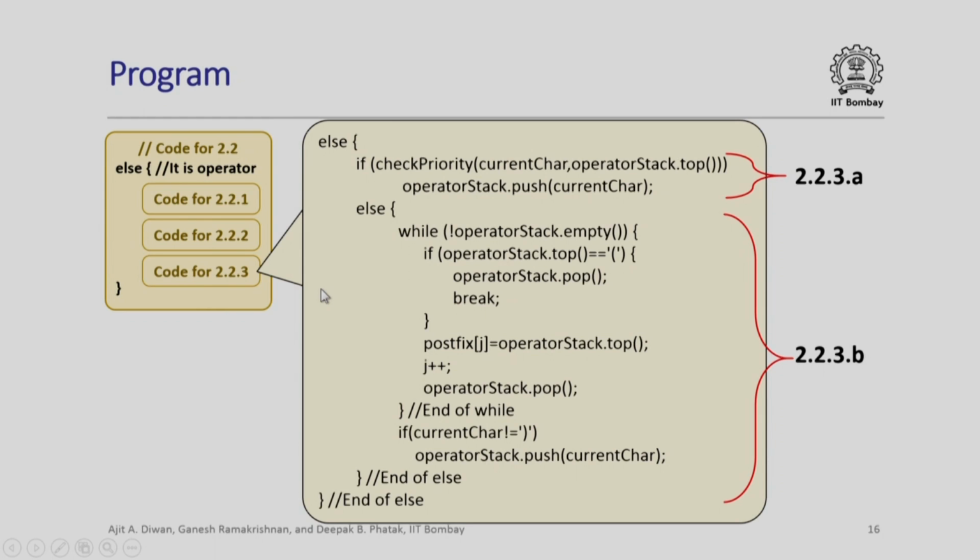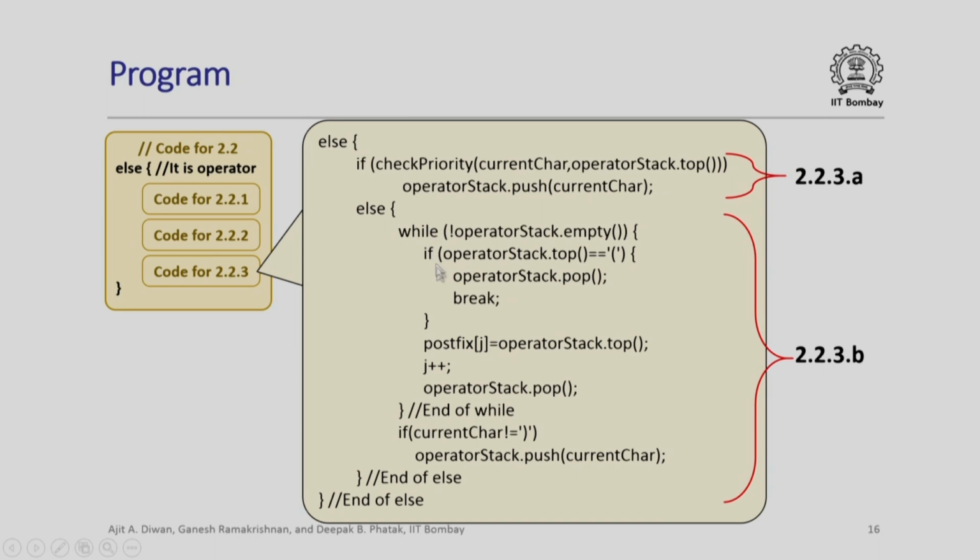This is the code for 2.2.3. It is slightly larger code, but you will be able to easily understand it. First I check priority. If the priority is appropriate, I will do operator stack dot push. If the priority is not appropriate, then I will have to look at removing the top item from the stack and pushing it onto the output string, provided there is a top operator.